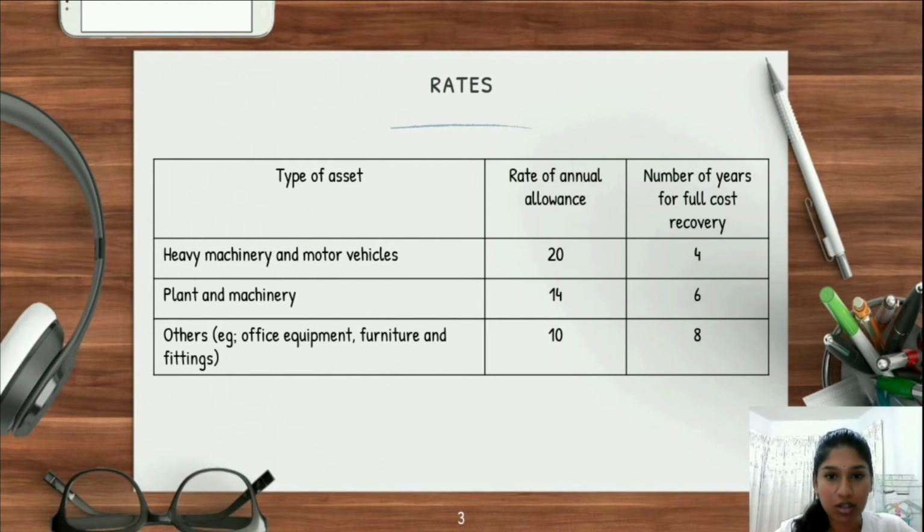For plant and machinery, the rate of annual allowance is 40% and the number of years for full cost recovery is 6 years. And finally, others, which are office equipment, furniture and fittings. The rate of annual allowance is 10% and the number of years for full cost recovery is 8 years.